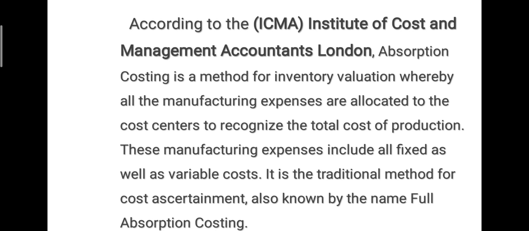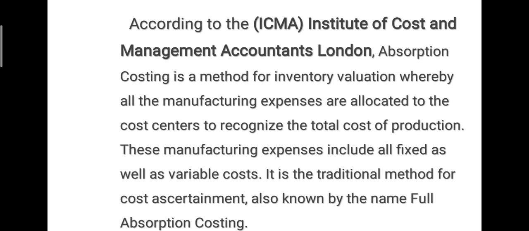These manufacturing expenses include all fixed costs as well as variable costs. It is a traditional method for cost ascertainment, also known by the name full absorption costing. So, according to ICMA London, in this method of inventory valuation, all the manufacturing expenses are allocated to the cost centers to recognize the total cost of production.